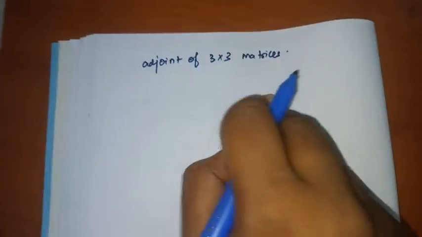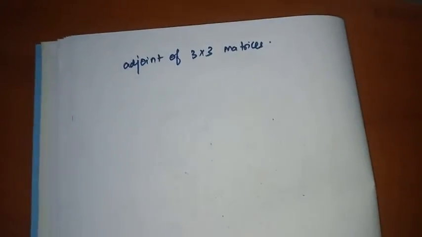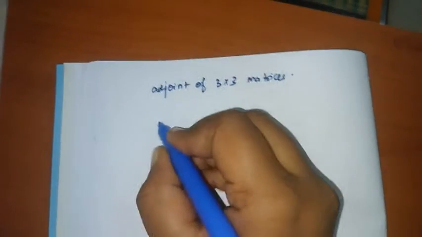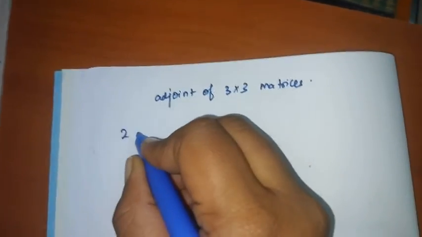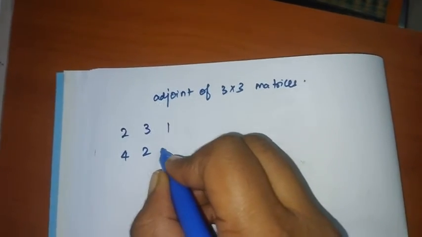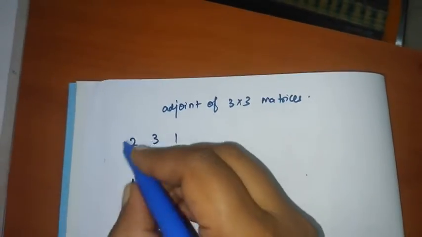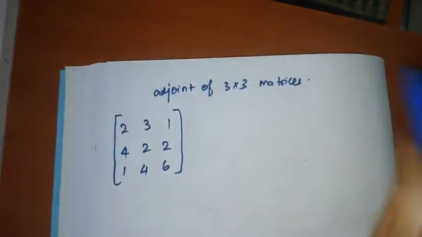This has some shortcuts, because it is a lengthy process when we multiply. Even so, I am explaining some shortcuts. For example, if it is given as 2, 3, 1, 4, 2, 2, 1, 4, 6, this is the given 3 by 3 matrix.